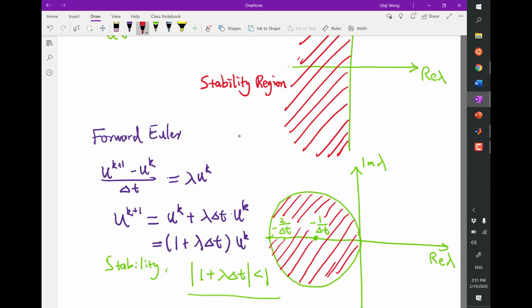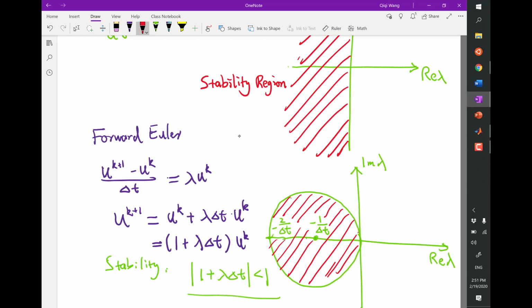If delta t is very, very tiny, this point is very, very far away in the negative. And if you are looking into this region, it looks pretty much like the stability region of the real differential equation, right? But if delta t is not so tiny, then it doesn't really look like that at all.